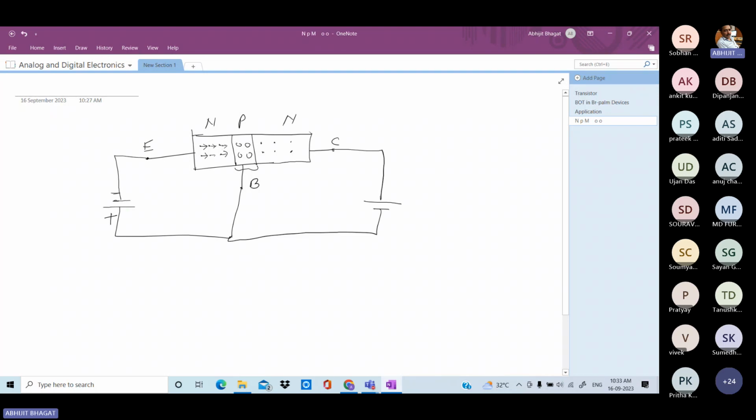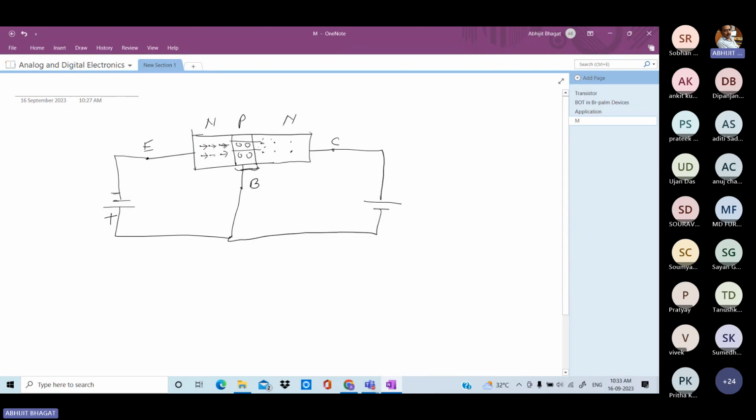So when this electron is moving this way, it easily crosses this region and moves to this region because this width is very small. So this electron, after getting the energy from repelling from the negative terminal of the battery, moves from this region to this region.